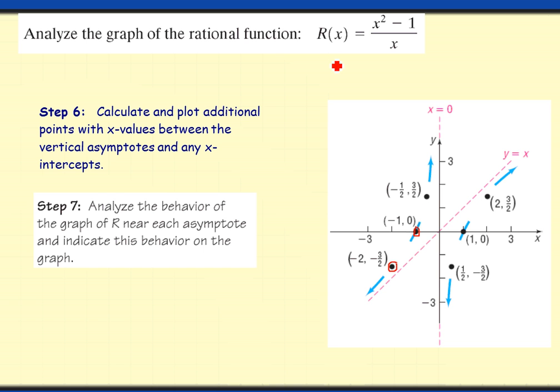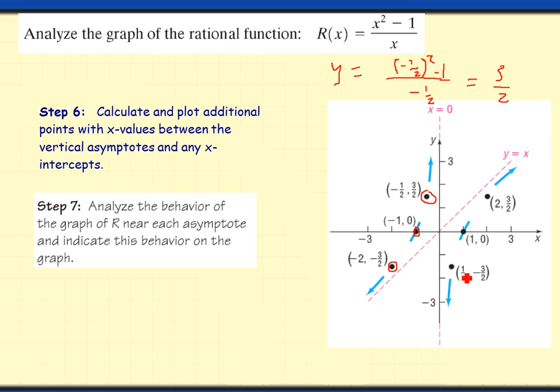Remember, all I'm really doing is calculating y using this formula. And so if I choose x to be -1/2, it's going to be -1/2. Sorry about that. Squared minus a 1 for the numerator and a -1/2 for the denominator. And when we calculate that, we get a positive, also very ugly, 3/2. And so that's where this point came from.